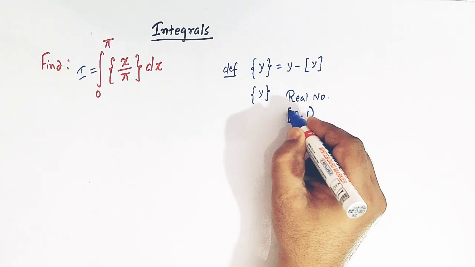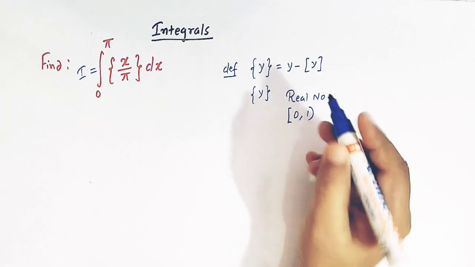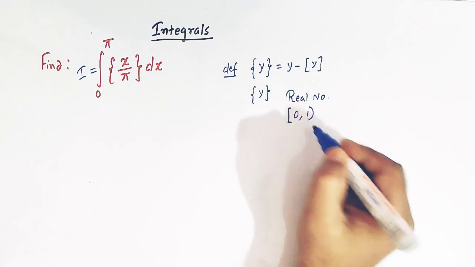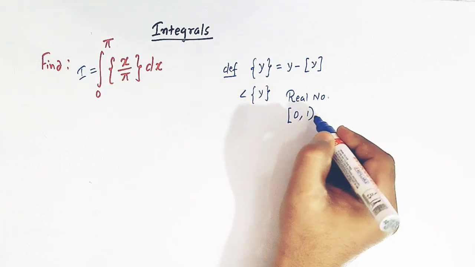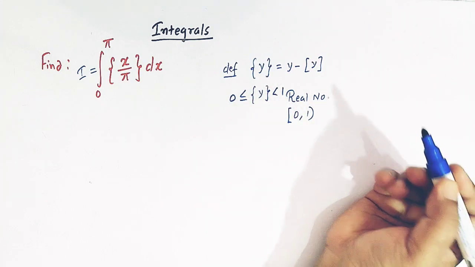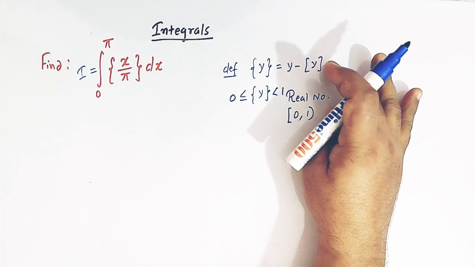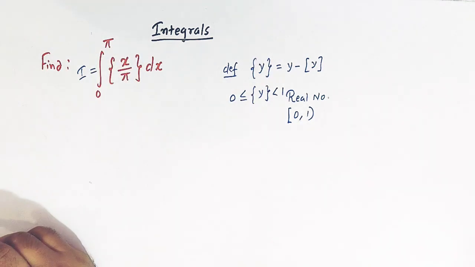It is closed on the left-hand side, and open on the right side, that is 1. So the fractional part of y has range from 0 to 1. Now these two concepts will be used to solve this integral.